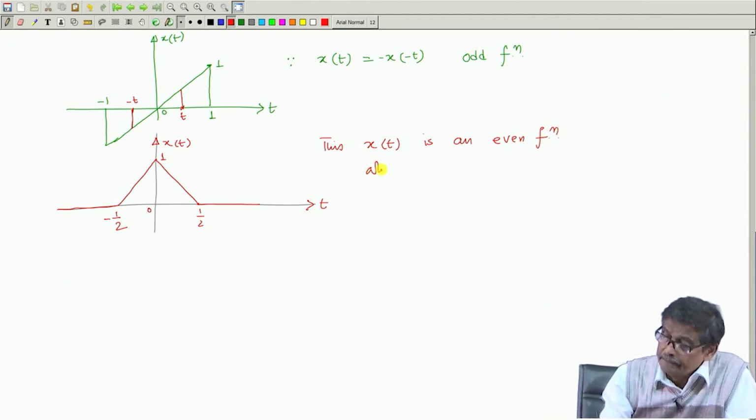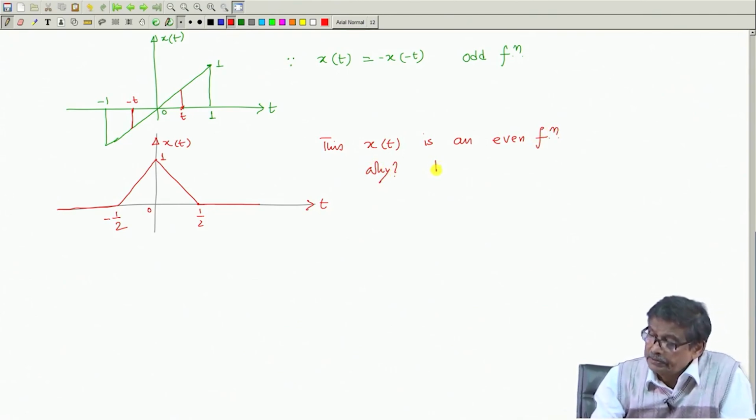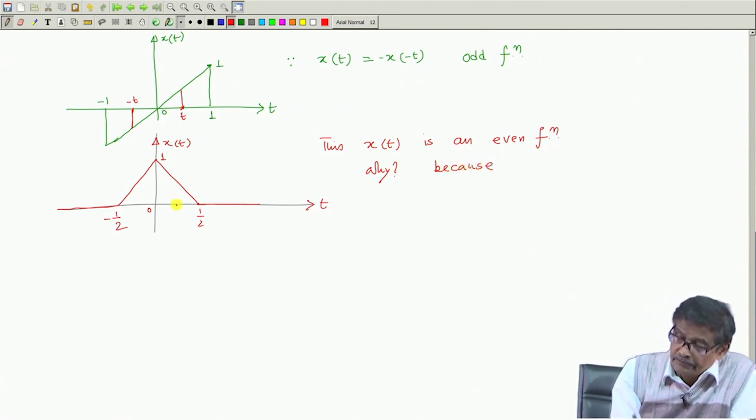why? Because the value of the function at any time t is the same as the value of the function at the corresponding negative time. These two are the same.